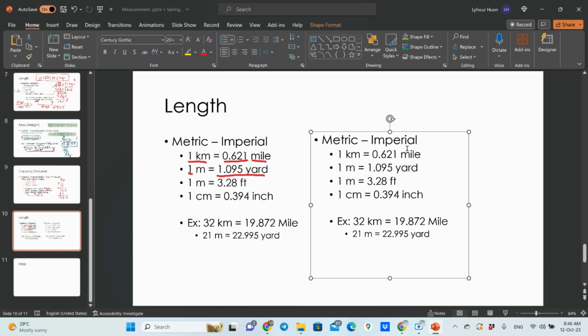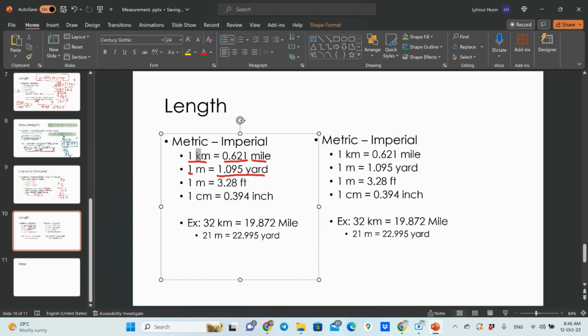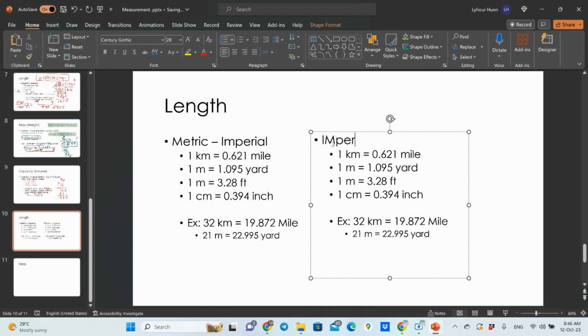We also need some time. We converted from kilometers to miles, but how can we convert from miles to kilometers? That is also the question, right?